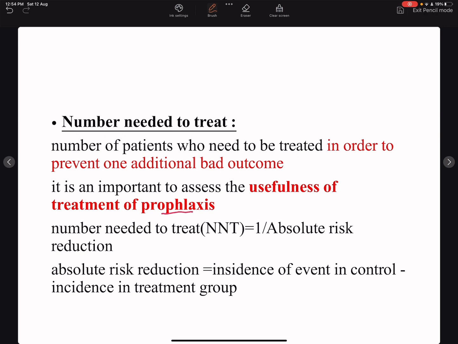So the number needed to treat, abbreviated as NNT, equals 1 divided by absolute risk reduction, which we already calculated in the previous example. The absolute risk reduction equals the incidence of events in the control group minus the incidence in the treatment group.